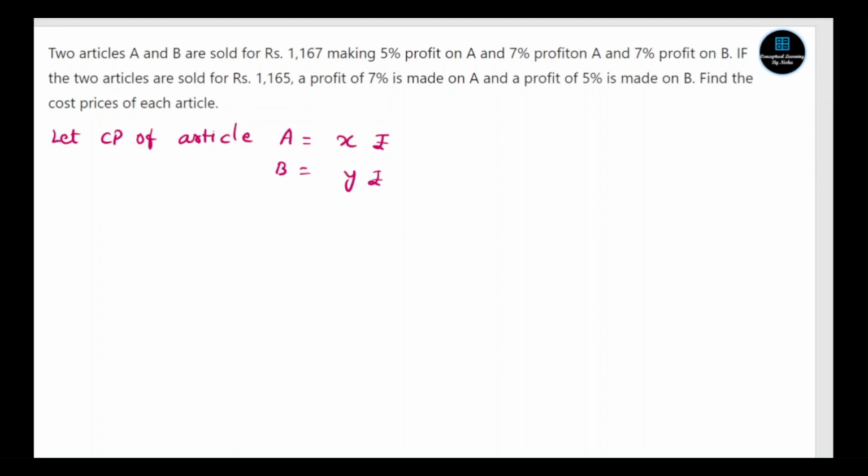Write the proper way. Now first one, so 5% profit on A and 7% on B. This is a printing mistake, so just cancel this thing.